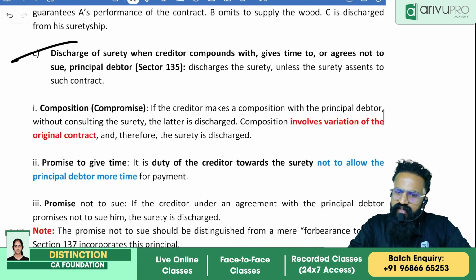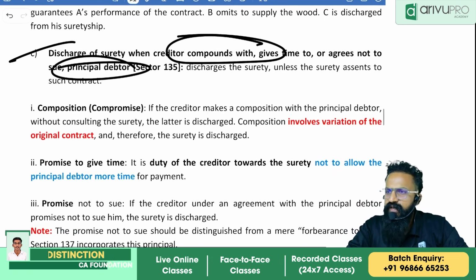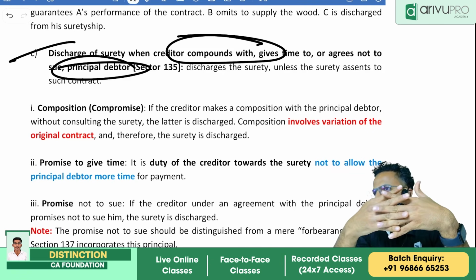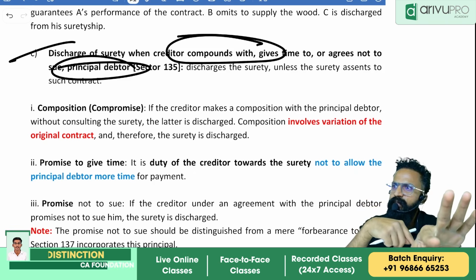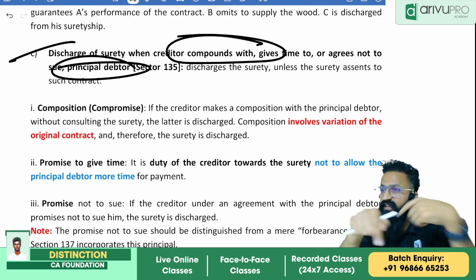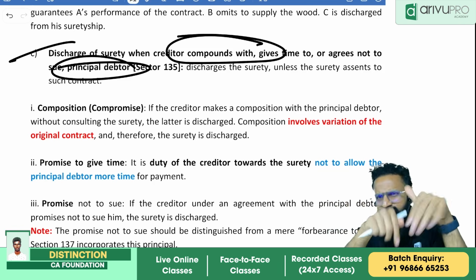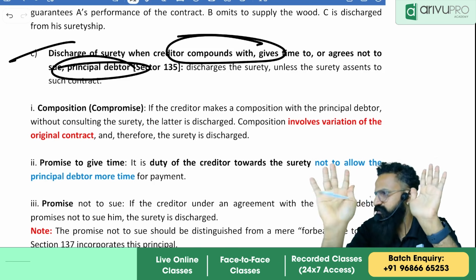Discharge of surety when creditor compounds with, gives time to, or agrees not to sue the principal debtor. If he is compromising with the principal debtor, that means what? You have to pay 5 lakh, no, you pay me 3 lakh, I will collect the rest from the surety. If you enter into any compromise or I give you more time, for all of that the surety will be discharged.